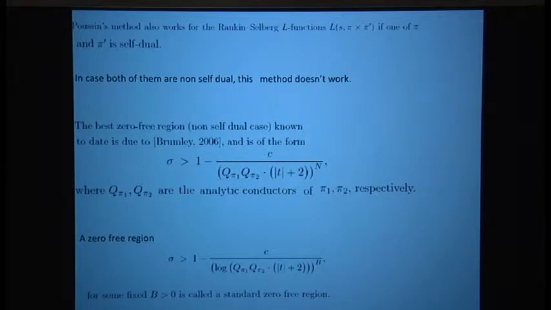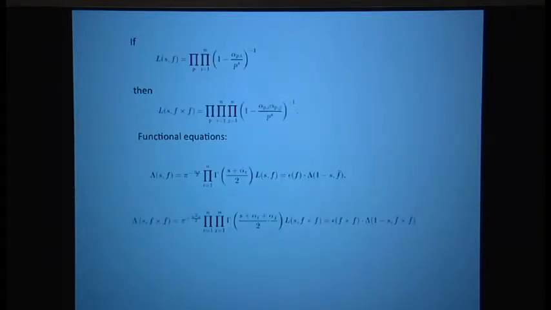A zero-free region like sigma bigger than one minus a constant over log of the analytic conductor to some power is called a standard zero-free region. So we look for such a standard zero-free region. The L function we are interested in our talk is the following.